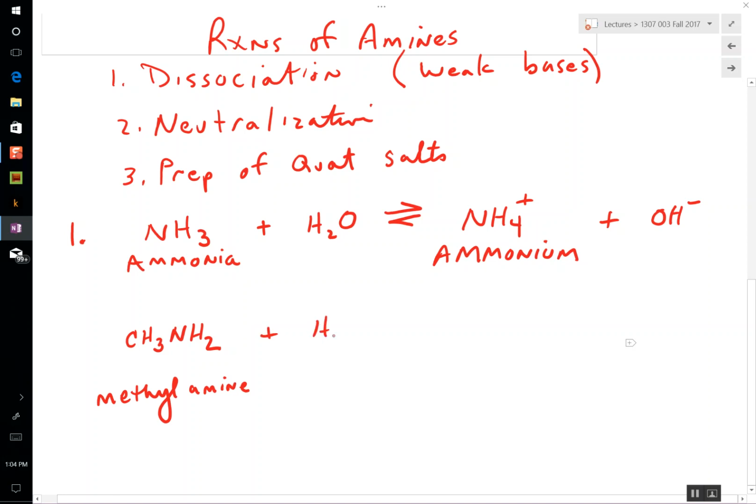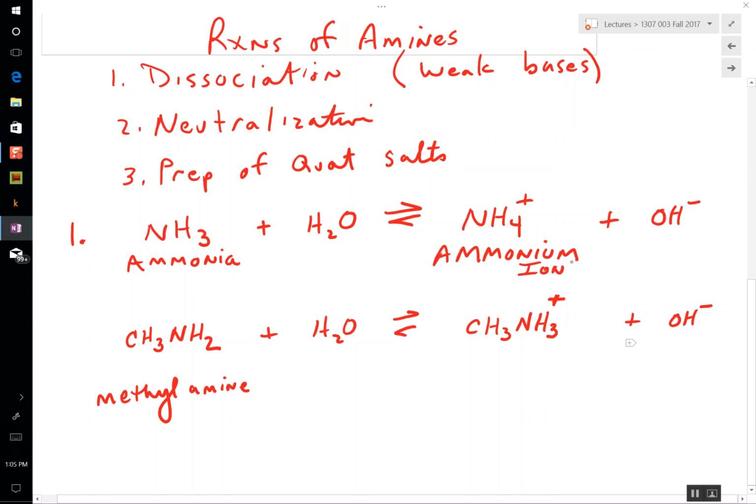Plus water. Instead of NH4, because there's a methyl on there, I'm going to have an NH3 with a +1 charge on it, and OH.